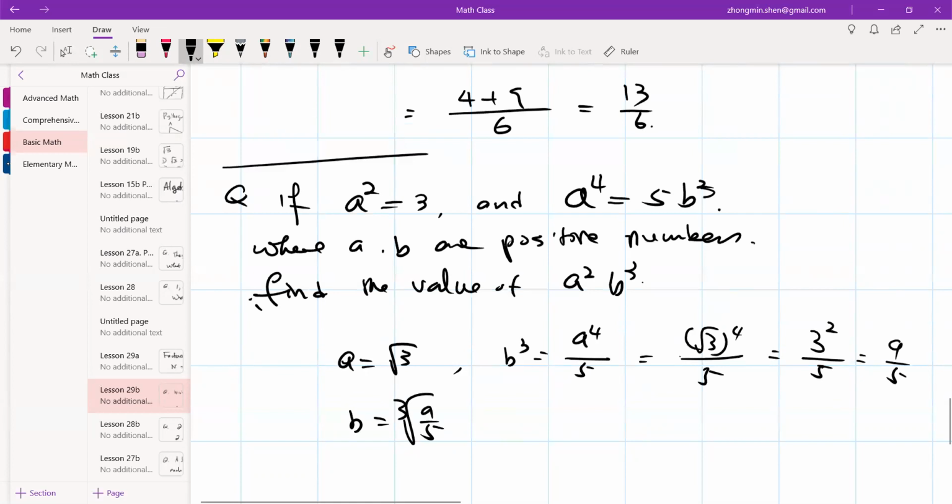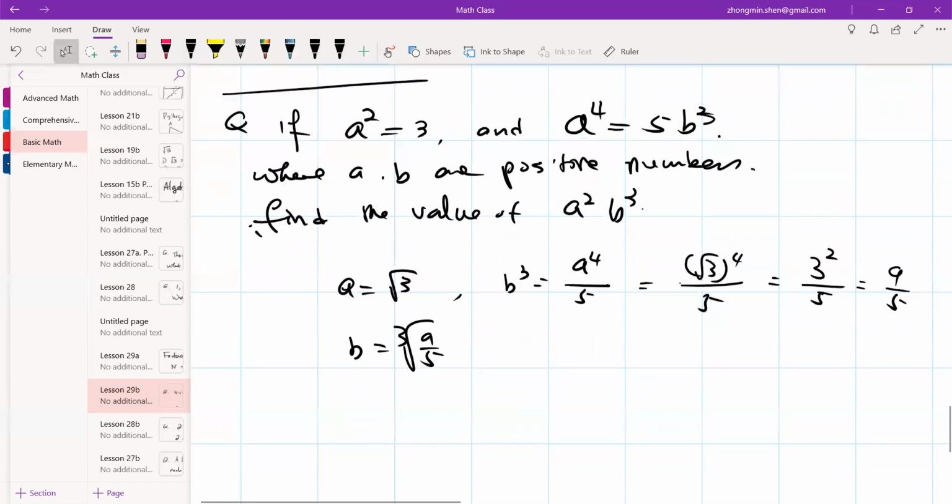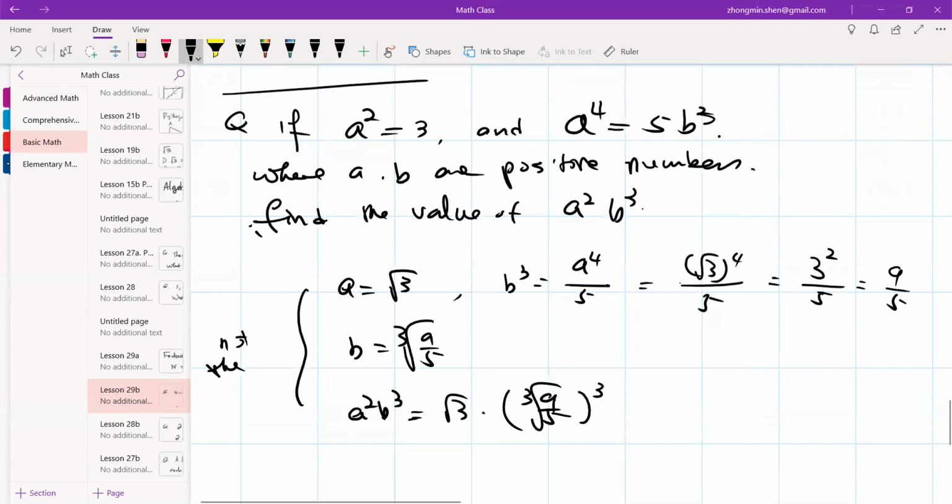Then you put them together to get A squared plus B cubed. Okay, and that's just too much work, too complicated. Not the best idea.